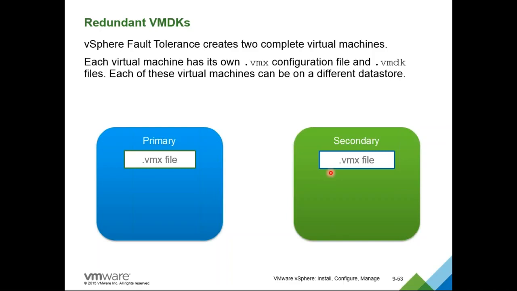Because they removed the shared storage requirement for the vMotion feature and storage vMotion feature. In earlier versions of VMware vSphere, if you wanted to perform storage vMotion, you needed shared storage. But from 5.x onwards, you can migrate from local data store to shared data store to local data store.